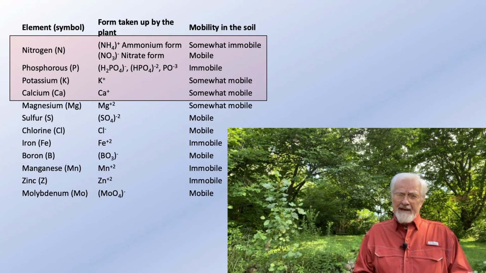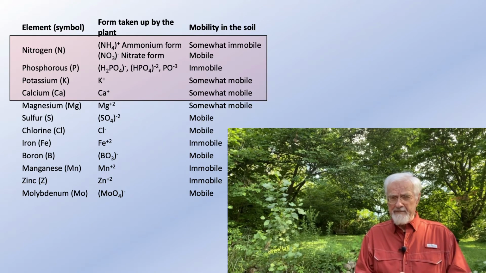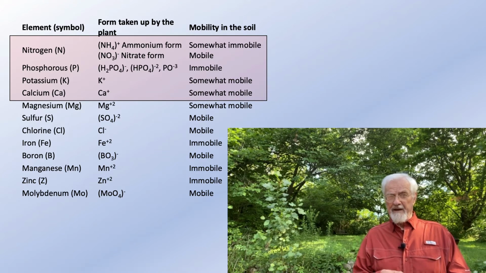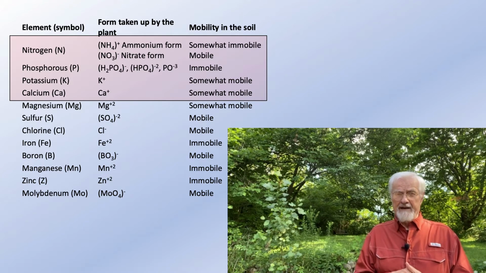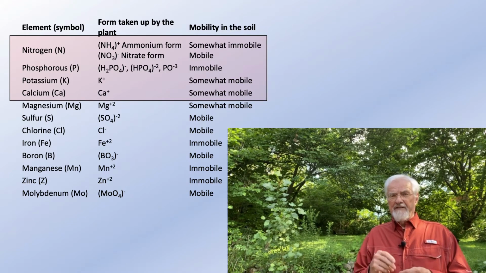You will note that there are three cations, calcium, potassium, and ammonium, and various anions associated with phosphorus, and then the nitrate is an anion also.